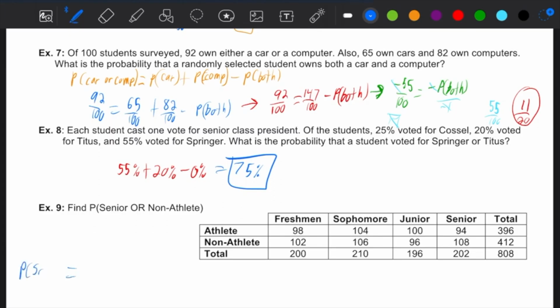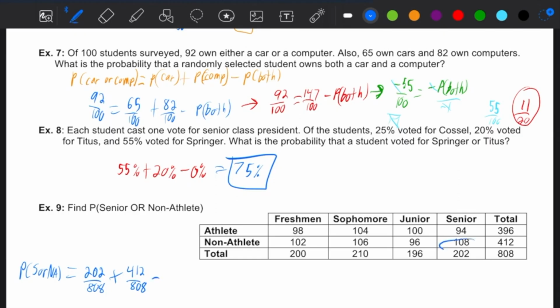So the probability that they're one or the other, you would take, and I'm going to do probability of S or NA for non-athlete and senior, and you get 202 over 808. I need to put that over 808, my apologies, because that's the total number of students, plus the non-athletes, which the total number of non-athletes in all grades is 412 out of 808, and this is obviously just some random sample.